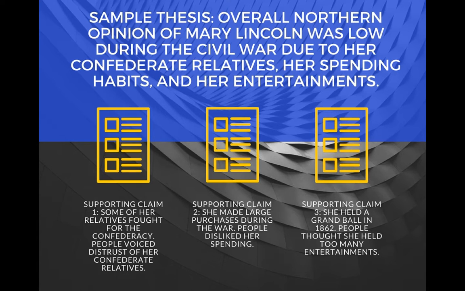Using those, I'll build a paragraph of evidence that shows my reader exactly how Mary Lincoln made these purchases and how people reacted to her purchases to demonstrate that dislike. And I'll do the same approach for each of my supporting claims.